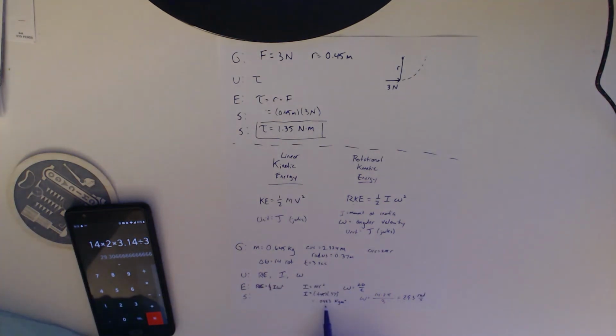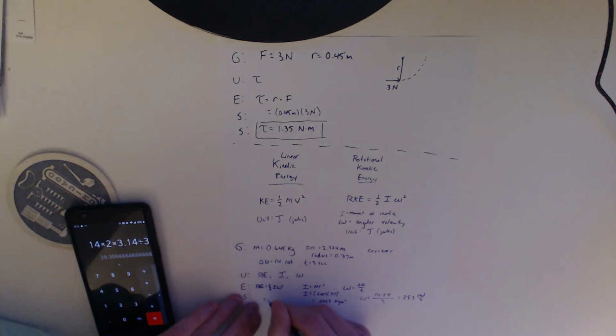So now we know the moment of inertia is 0.0883 kilograms meters squared. We know the angular velocity is 29.3 radians per second. So I'm going to take both of those and plug them into the rotational kinetic energy equation. So it's going to be 1/2 times 0.0883 times 29.3 squared.